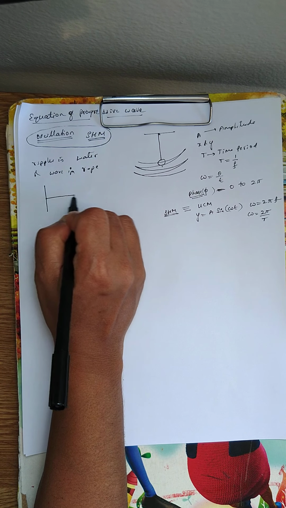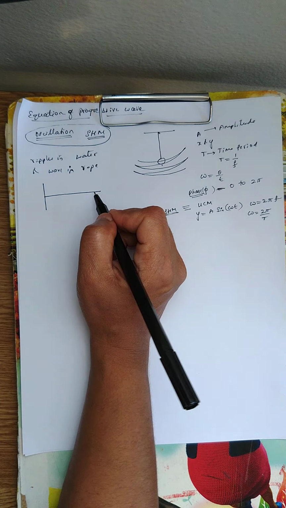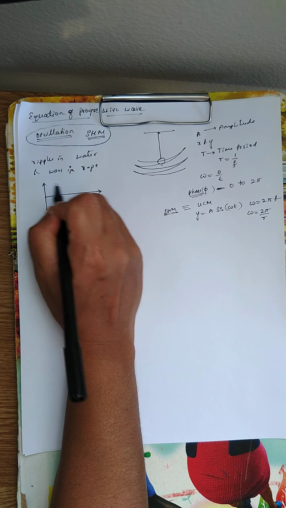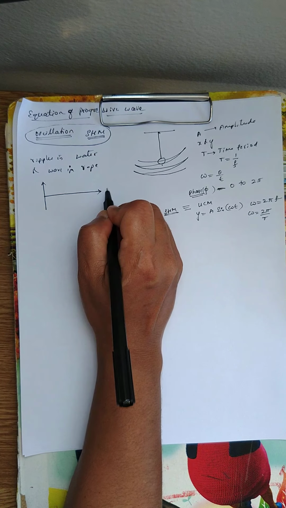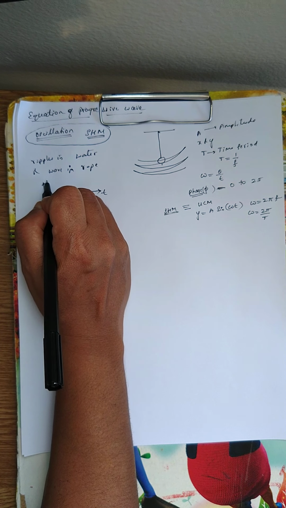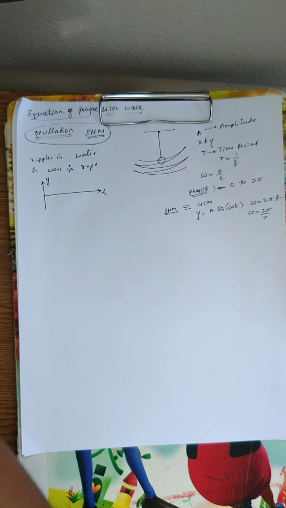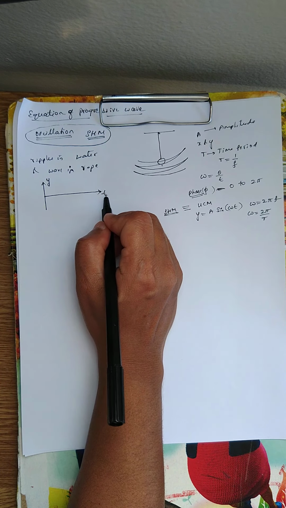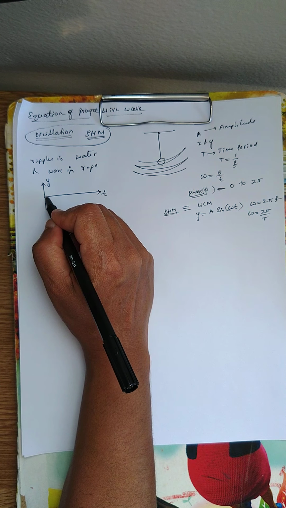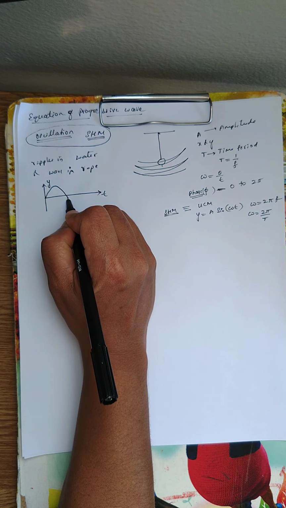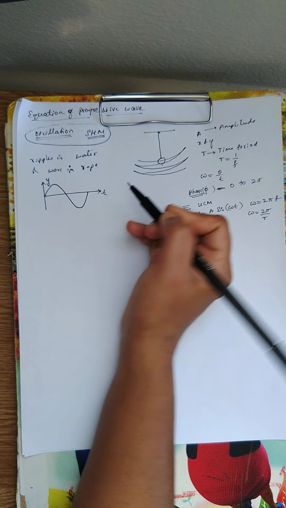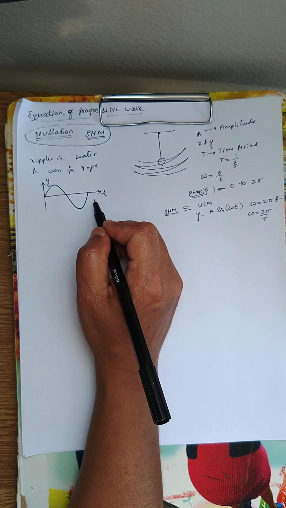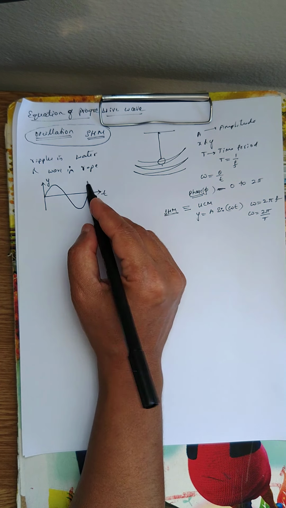Okay, before that, let's represent simple harmonic motion in terms of a graph. In the form of a graph, I am representing the displacement of a particle from its mean position as a function of time. We did this last year. The graph is similar to, it's actually same as the graph of a sine function or a cos function.